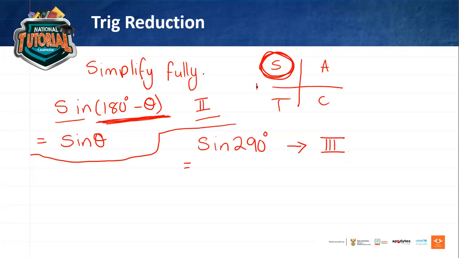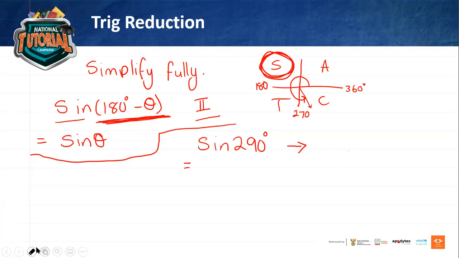Remember, 180 degrees is your horizontal line, and this would be at 270 degrees. Sorry, I've made a mistake here. We are actually in quadrant 4 because we are past this 270 degree line. So our angle's sitting somewhere down here, going all the way from 0 to 270 degrees. So it's not in quadrant 3, it's actually in quadrant 4.